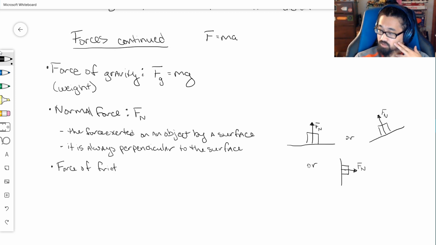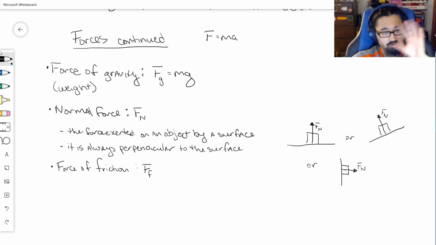And the third big time force is the force of friction, which is an F with a subscript F. It has its own equation, which we'll get into during class.